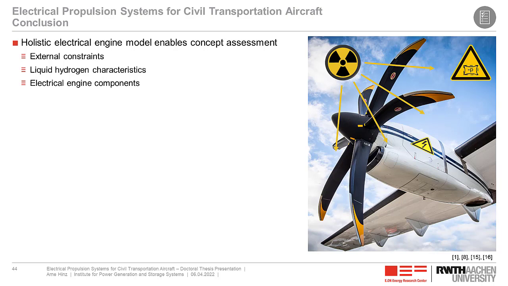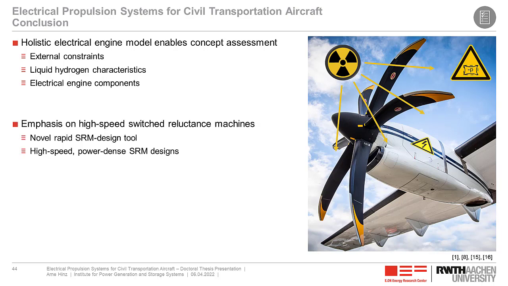We considered external constraints. We took into account liquid hydrogen characteristics, and we developed models for the electrical engine components. In this regard, we laid an emphasis on high-speed switched reluctance machines and developed a novel rapid SRM design tool and found new high-speed power-dense switched reluctance machine designs.